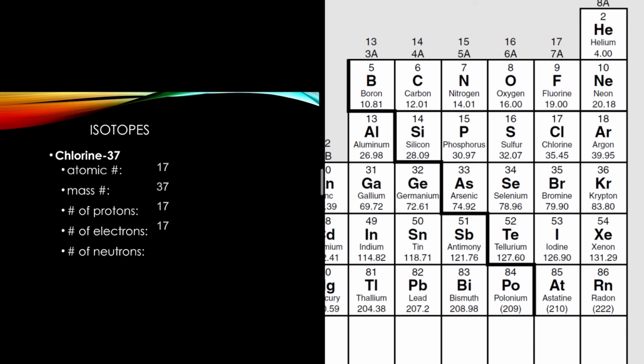So if the mass number is 37, in this case of chlorine 37, we subtract 17, which is chlorine's atomic number, and we get a number of neutrons of 20. That's to say there are 20 neutrons plus 17 protons in the nucleus, which has a mass of 37. This is the atomic symbol for chlorine 37. You'll see there it has a 37 and a 17 to represent its mass number and its atomic number.